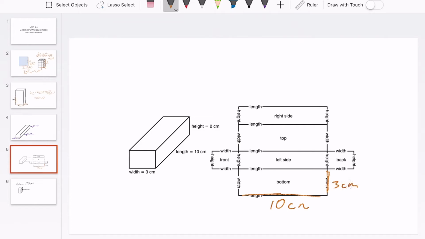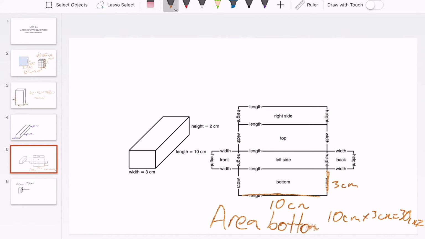If I multiply those together, 10 centimeters times 3 centimeters equals 30 centimeters squared. That is just giving me the area of that bottom piece. That's all that gives me.